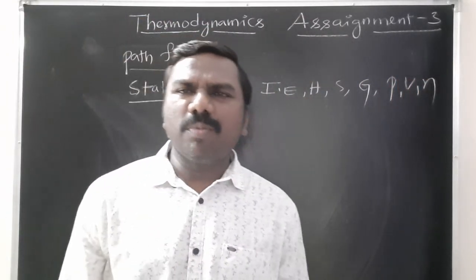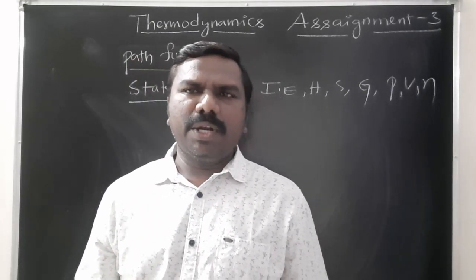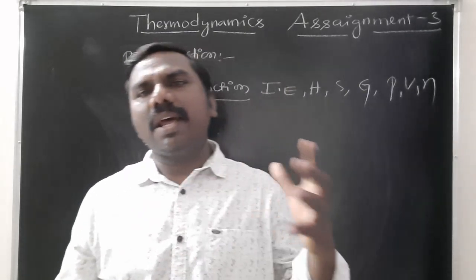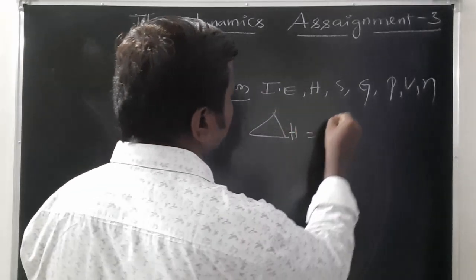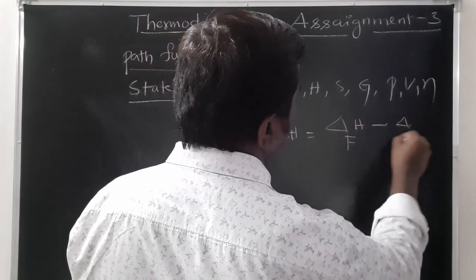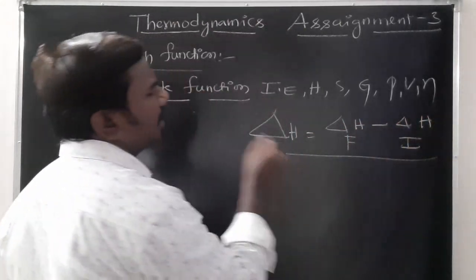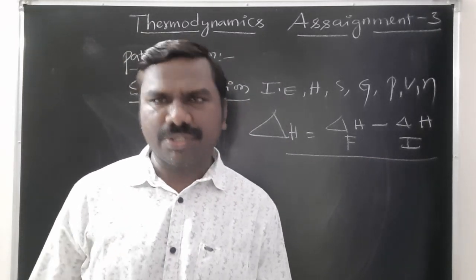Many more properties are state functions, depending upon the initial state as well as the final state. For example, delta H equals H final minus H initial, so it depends upon the initial state as well as the final state, that is the change.